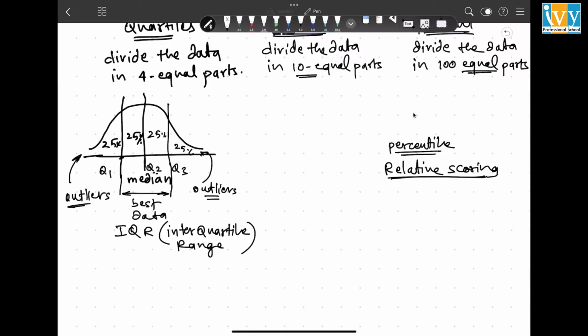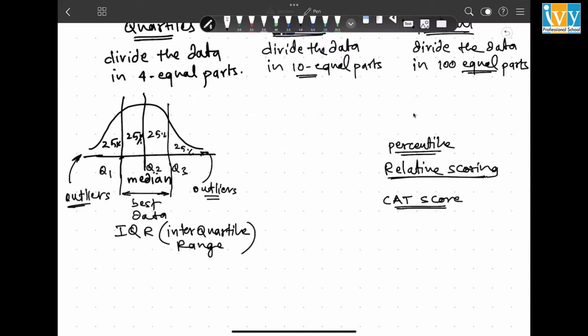which is a relative scoring mechanism. What does this mean? So take the example. Let's say you've taken the CAT. CAT score is published as percentile. So CAT score typically happens as a relative scoring mechanism.